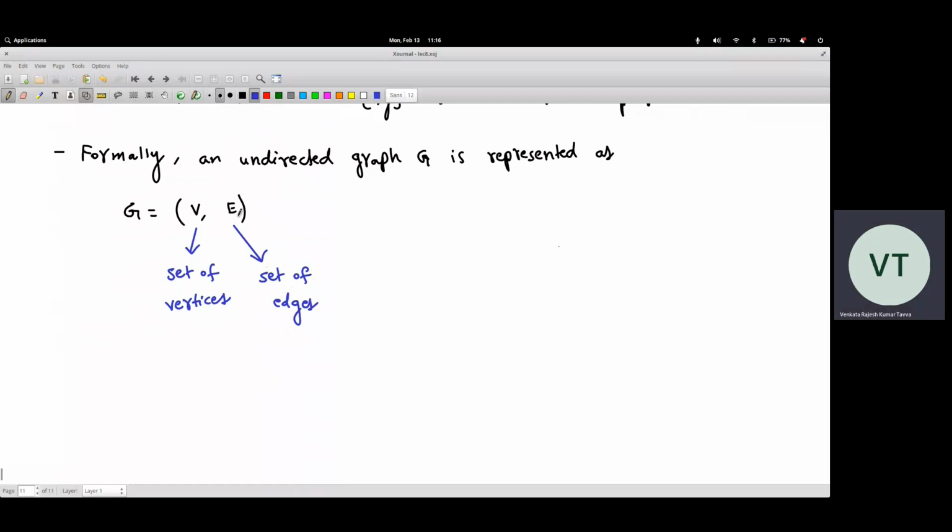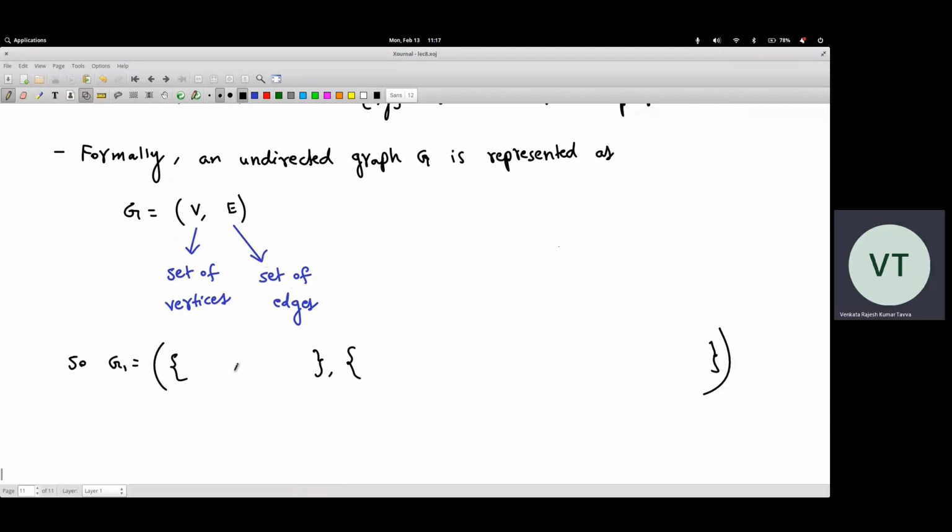These two are sets, and these two sets constitute the ordered pair, which we call the graph G. So any graph is represented as an ordered pair of a set of vertices followed by a set of edges. Okay. So if you look at this particular example G1, it is an ordered pair of a set of vertices and a set of edges.